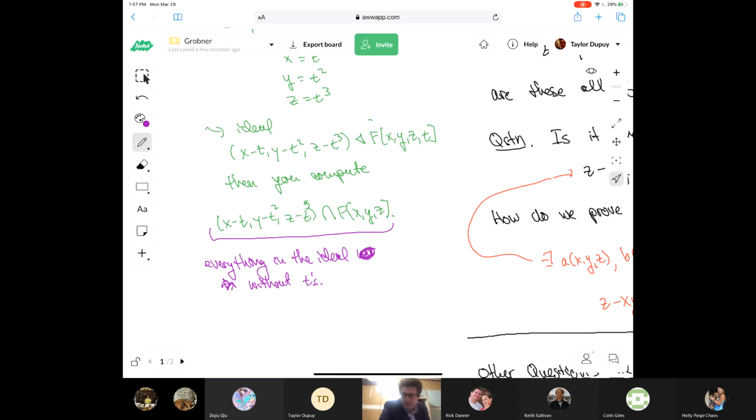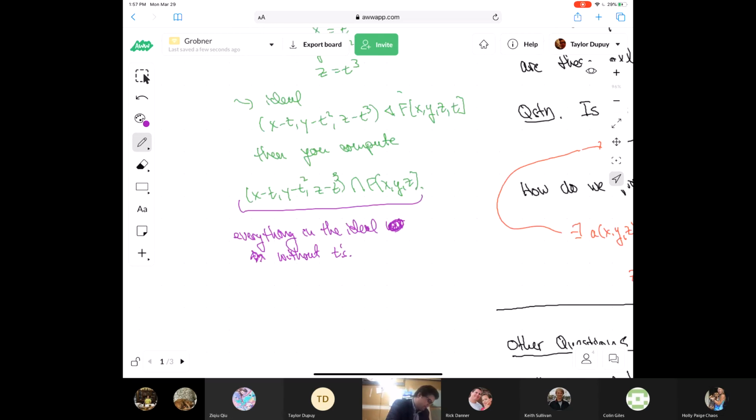It turns out that if you compute the Gröbner basis for this original ideal and then intersect it with the lower variables, then that's a Gröbner basis for that ideal. So the Gröbner basis of the intersection is the intersection of the Gröbner basis.